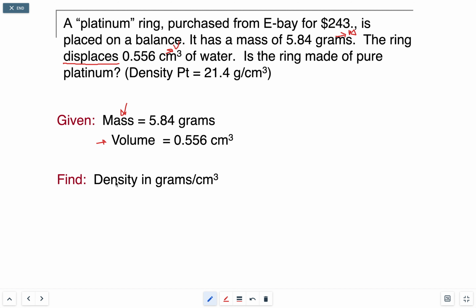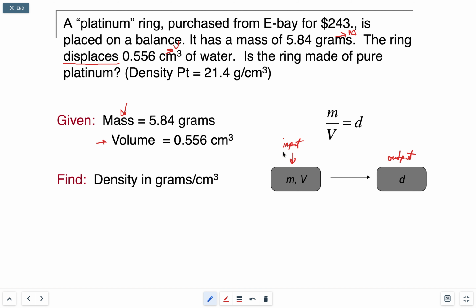Now, to solve for the density, we're given mass and volume as inputs. This is the output that we're seeking. You would write down the definition for density. That's where you're going to start. There it is. So we know that, we know that.